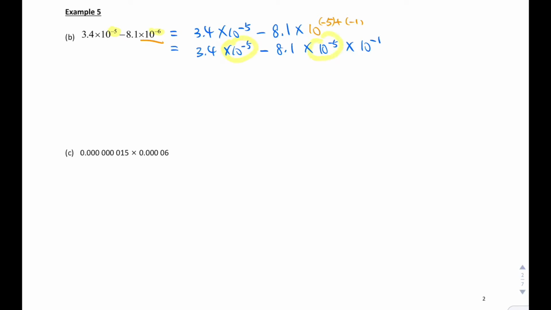Then we have the common factor 10 to the power of -5. So we have 3.4 times 10 to the power of -5 minus 0.81 times 10 to the power of -5. Take out the common factor. We get the following.